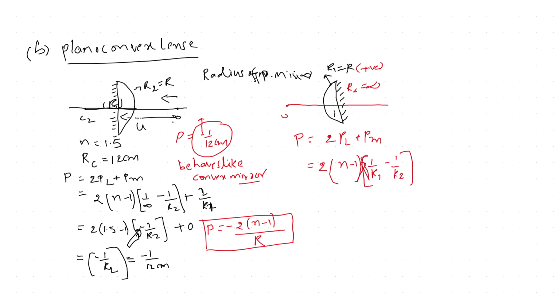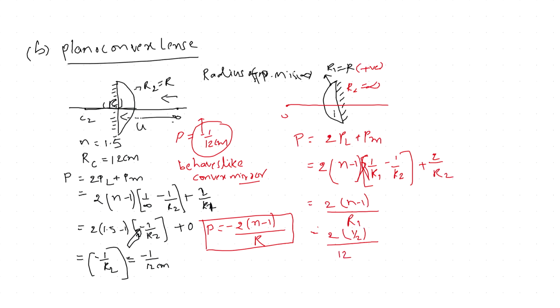plus the power of the mirror, 2 by R2, that with R2 equal to infinity becomes 0. That equals n minus 1 by R1. R1 is positive and R2 is infinity, so 0. So now that is equal to 2 into 1.5 minus 1, 1 by 2, by R1, which is 12 centimeter.